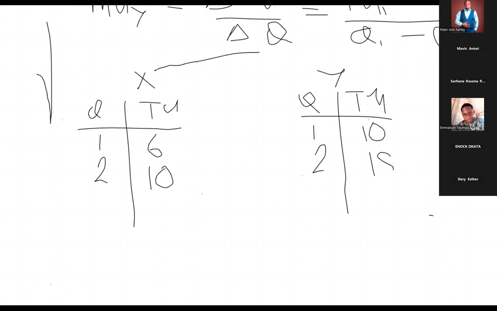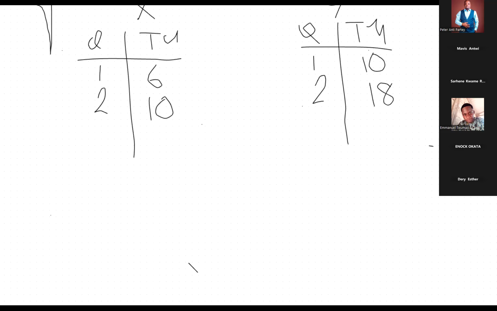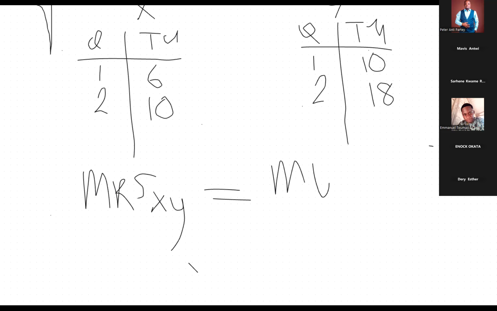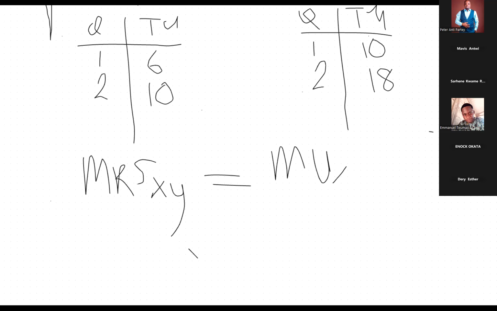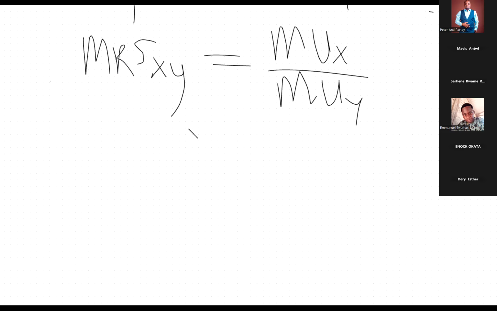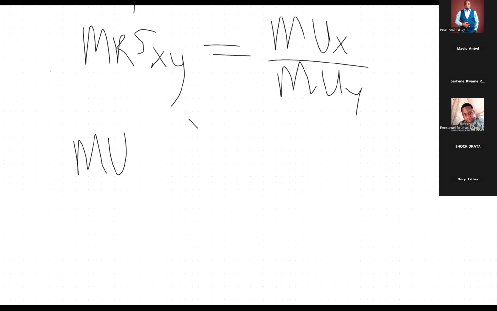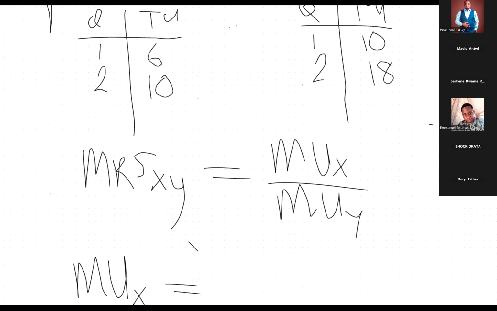Now the question is, find the marginal rate of substitution X for Y. We said that the formula is giving us mu of X over mu of Y. Now we want to find mu of X. So we say TU2 minus TU1.